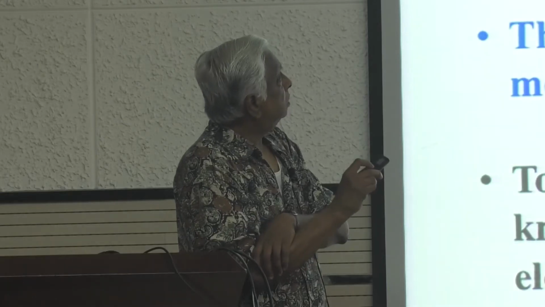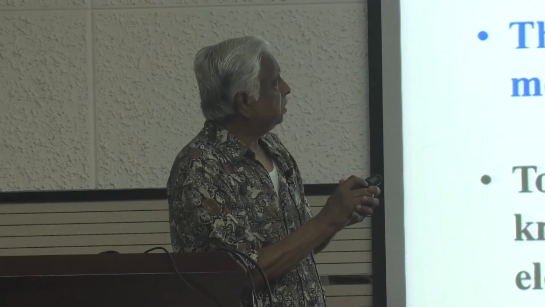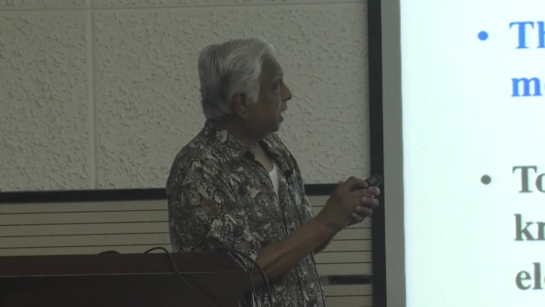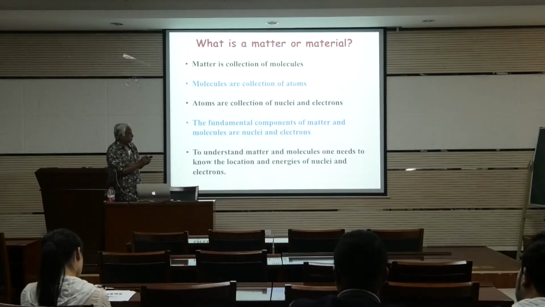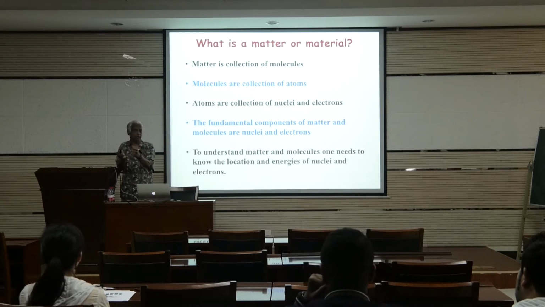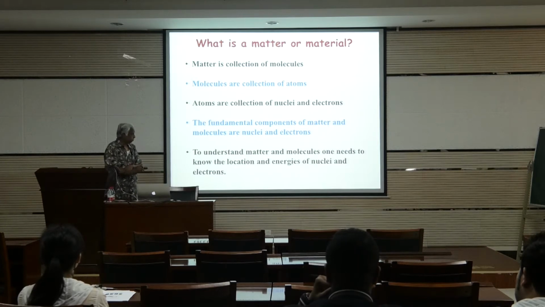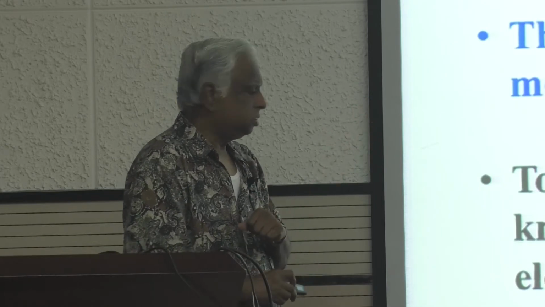A material is made up of a large number of molecules, each molecule is made up of a number of atoms, and each atom is made up of a lot of electrons. When you think of a molecule, you think of it as a collection of electrons. The fundamental components of the molecule are basically electrons.